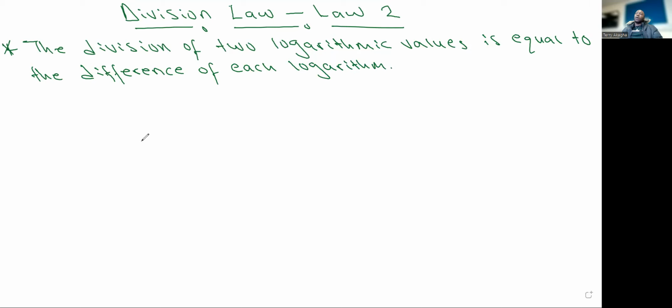Okay, so the division is equal to the difference.